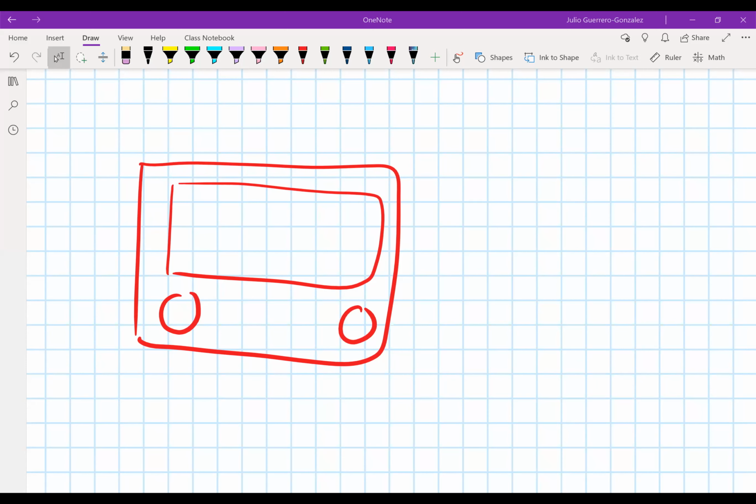Let me copy a picture of it really quick. Copy image. Okay.